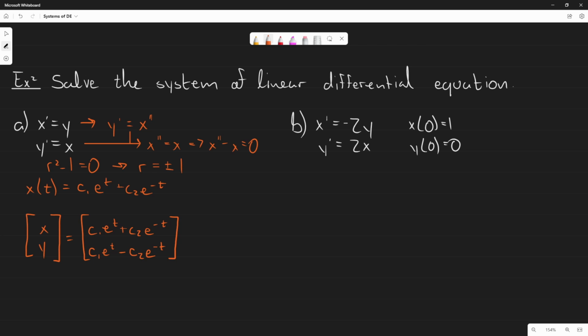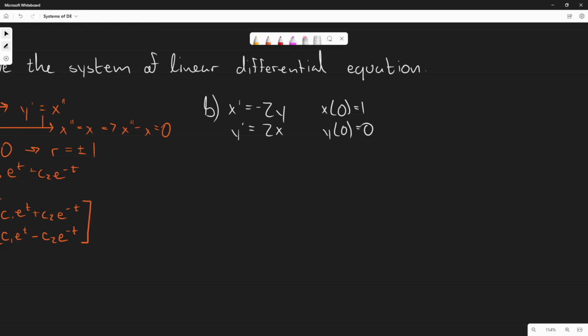The next one, again, we have two equations, so it's going to be a second order. This time we have conditions. Whoa, conditions. The same thing applies. You just find the equation and then solve it.